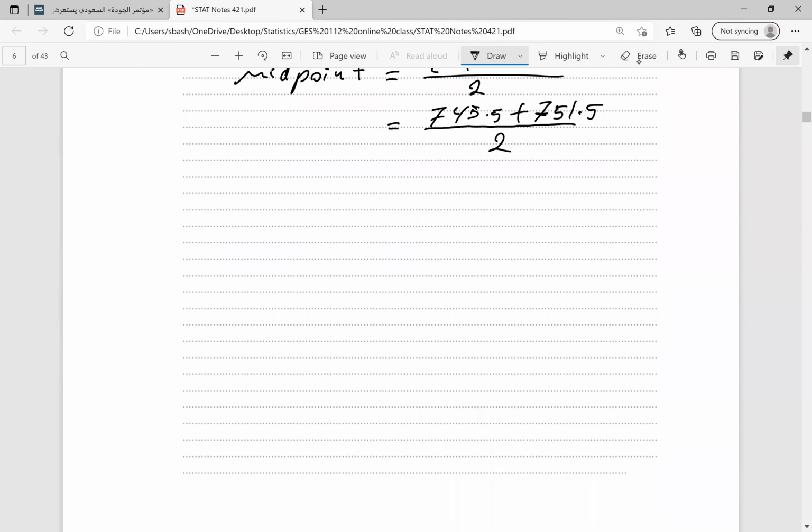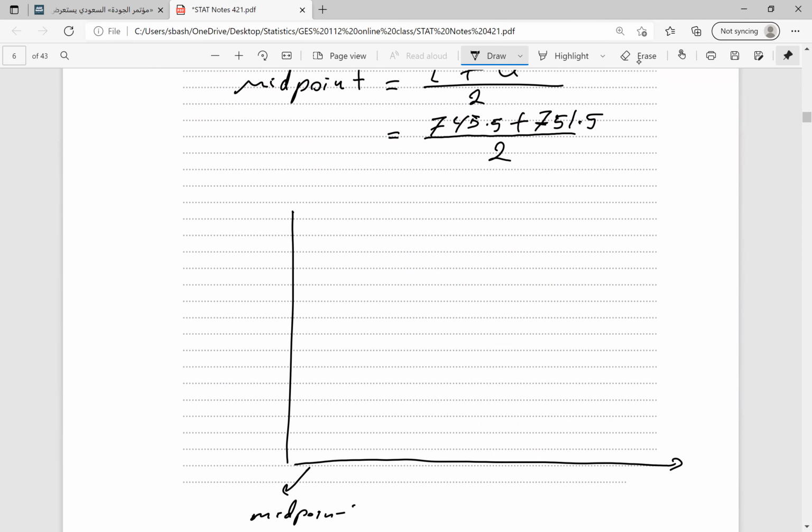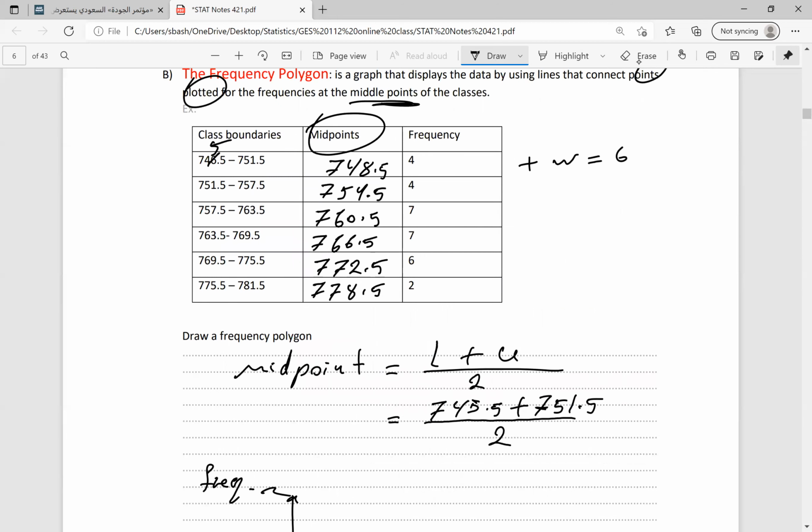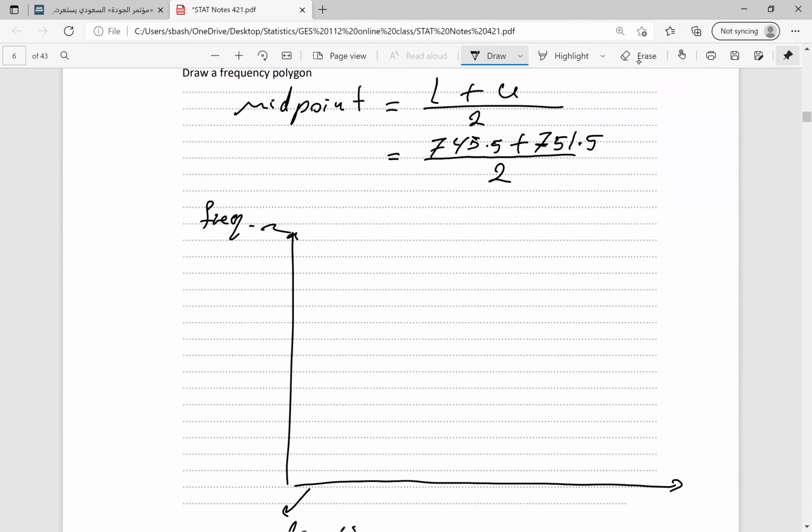Now the frequency polygon, for this one, we are going to put the midpoint. And this is its frequencies. So we have the polygon and frequencies. The first midpoint was 748.5.